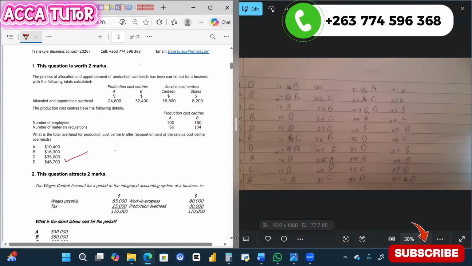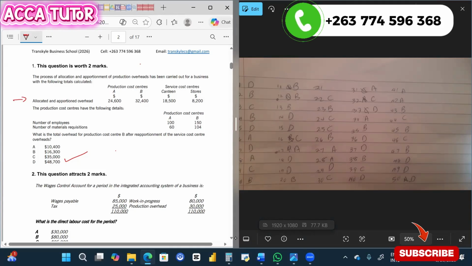The process of allocation and apportionment of production overheads has been carried out for a business with the following totals calculated. So we've got production cost center A and B. We are told that these costs are allocated and apportioned: 24,000, 32,000, 18,500, 18,200.